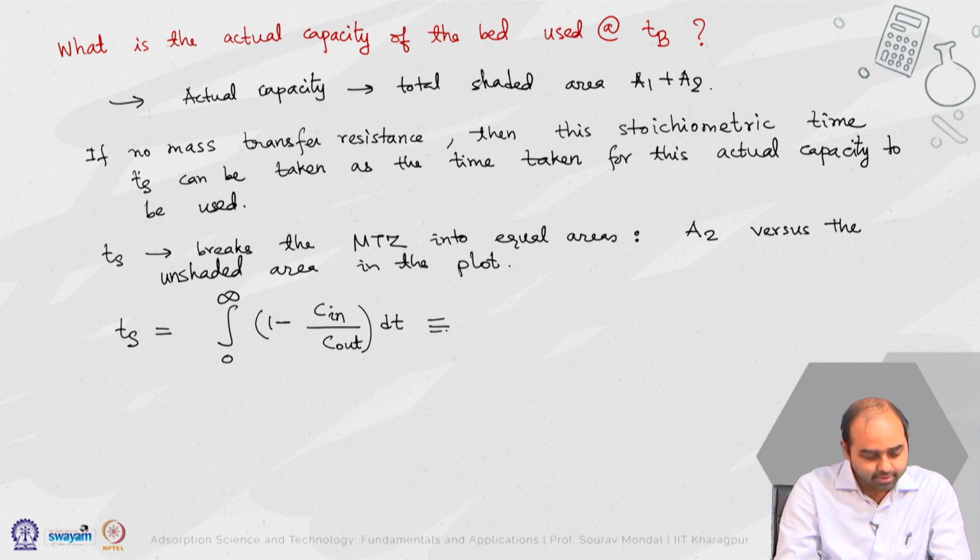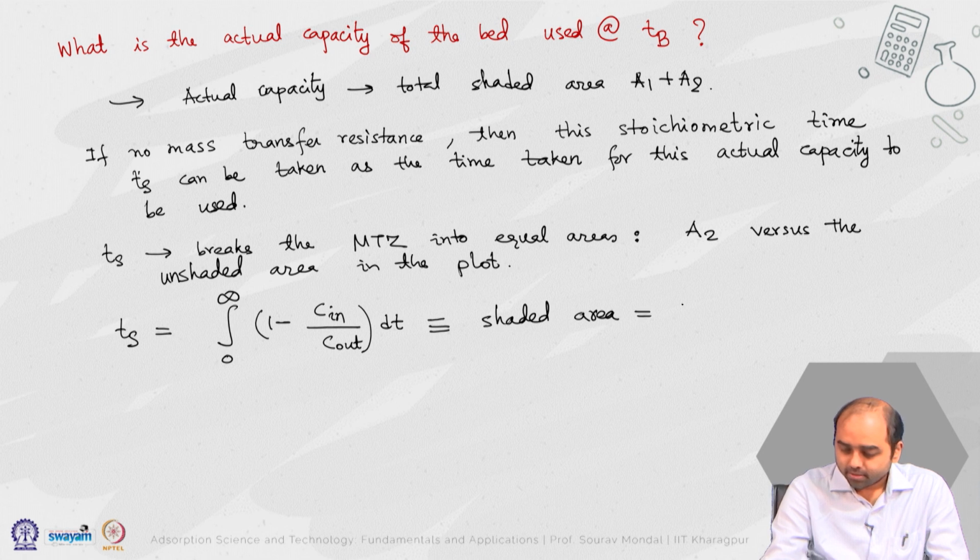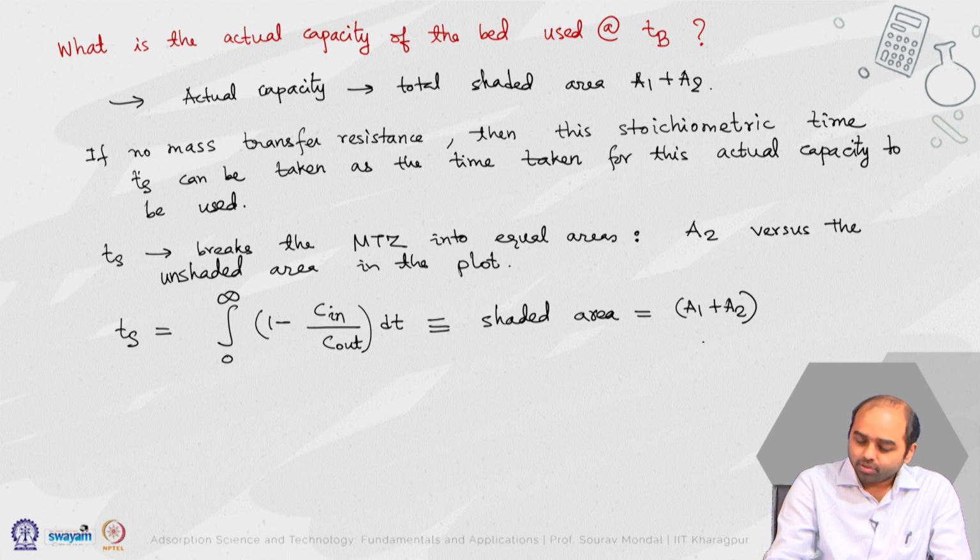So, this represents the shaded area of A1 plus A2. If the mathematics of this integration is done, of course, the first part is straight.